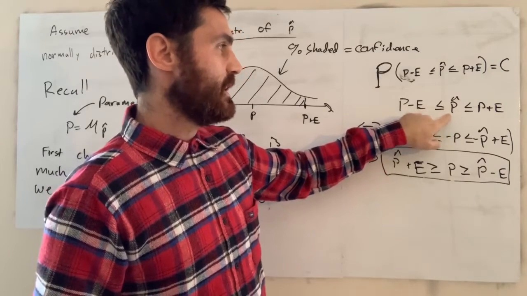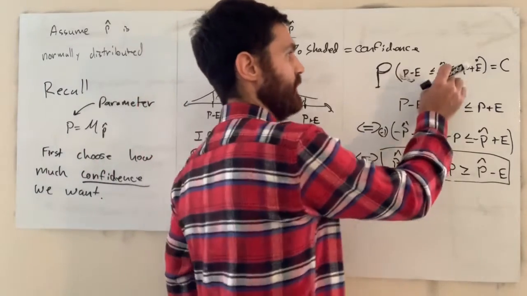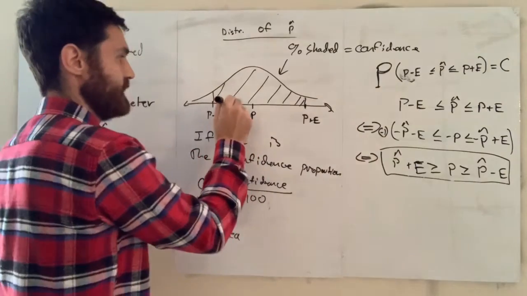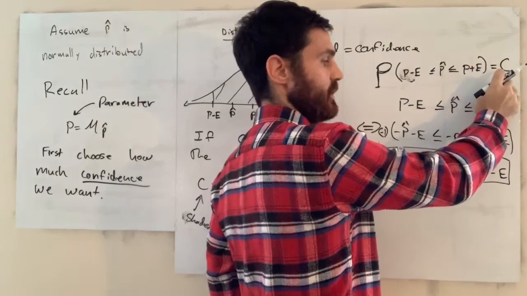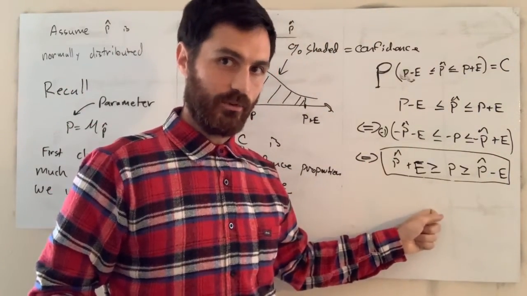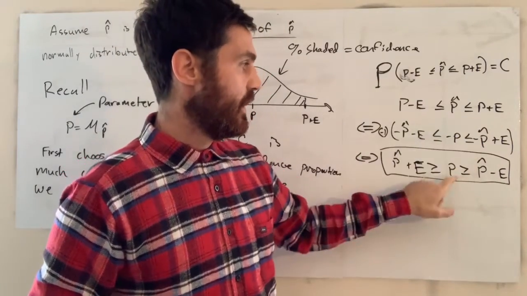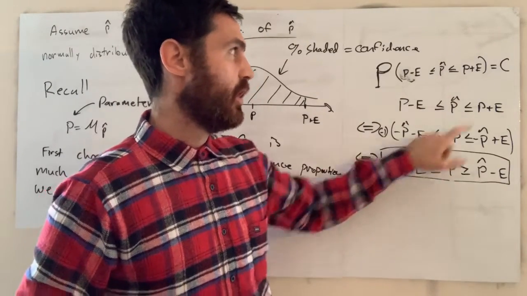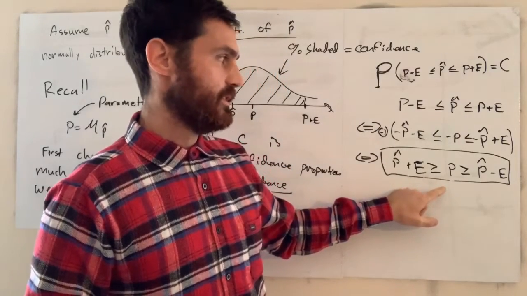And when you have this, this is going to imply that the probability your choice of sample lands somewhere here is C. So this is where we get the confidence interval. This is how we determine that if we add an error term, if we subtract an error term, we get a specific confidence there from this inequality here.